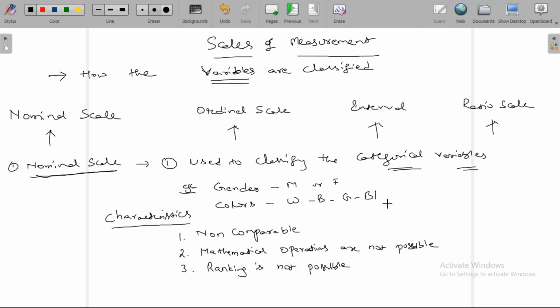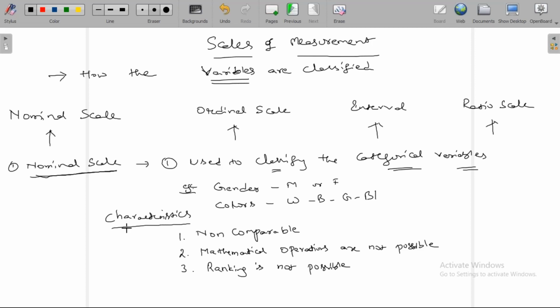Then the second one we are talking about is ordinal scale. All this data you will be seeing in the data sets that we are going to include, so at that time you need to understand what type of data it is. That is why we are discussing all these things. Ordinal scale means you can put it in order.